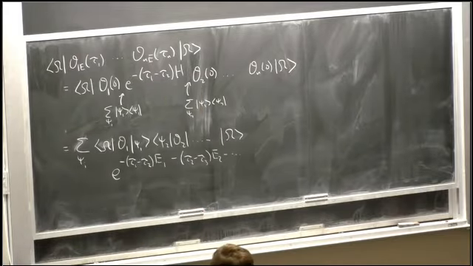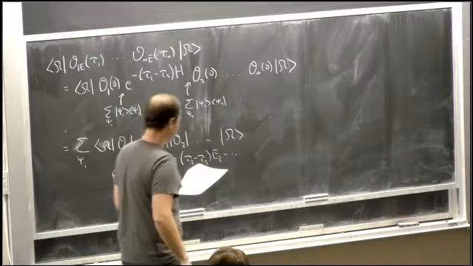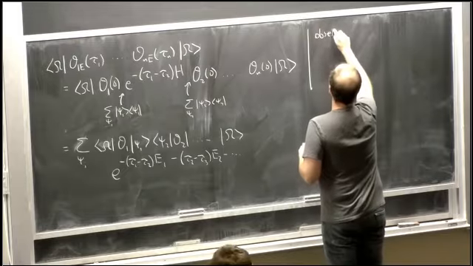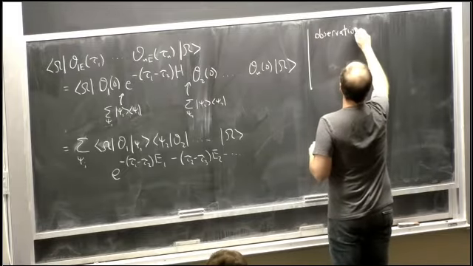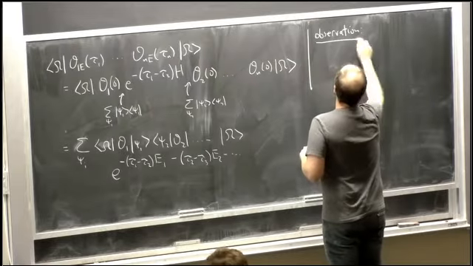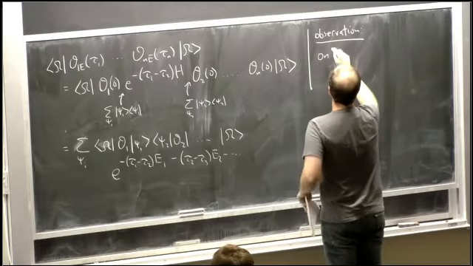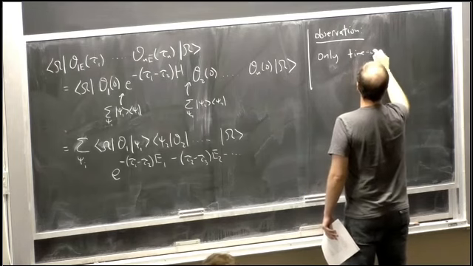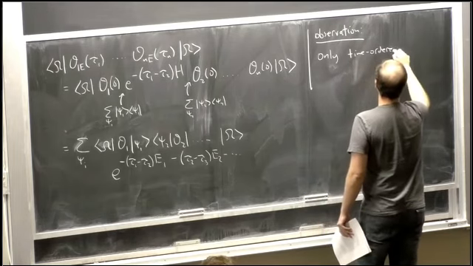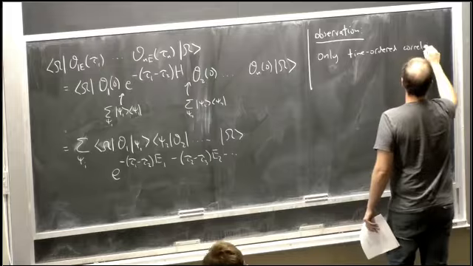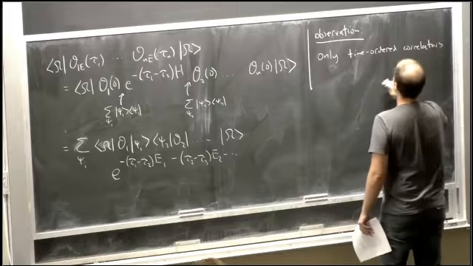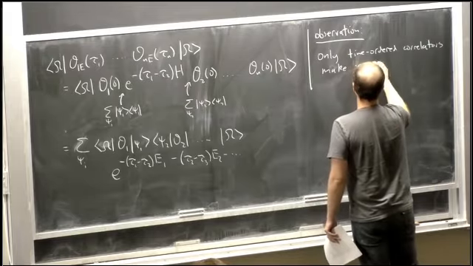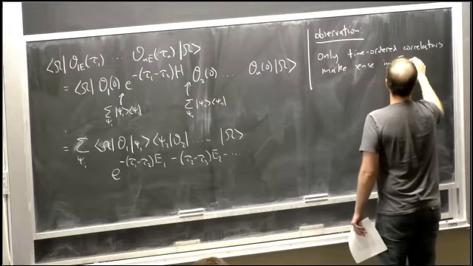Okay, so here's our first key observation. The key observation is that only time-ordered correlators make sense in Euclidean signature.